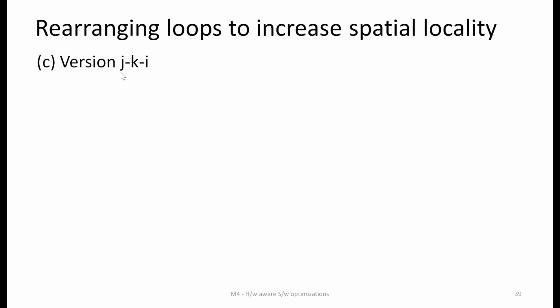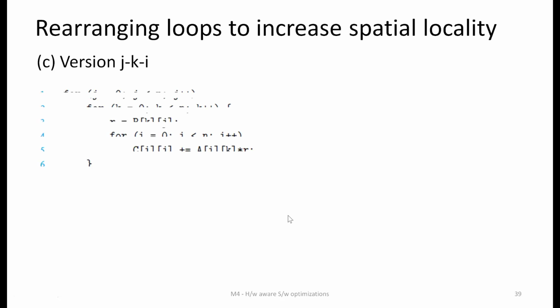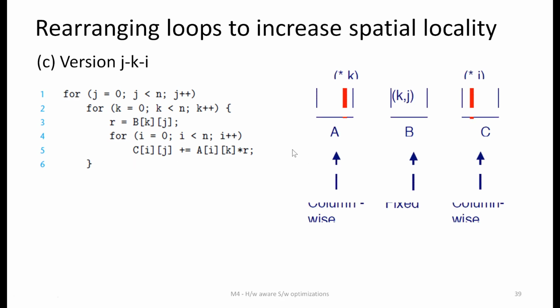Let's look at the version wherein the j loop is first, followed by k and then i. The innermost loop is i now. If we try to visualize how the accesses would be, now we are accessing the A matrix column wise, because for every iteration of i, we are moving to another element of A. So the accesses are column wise.